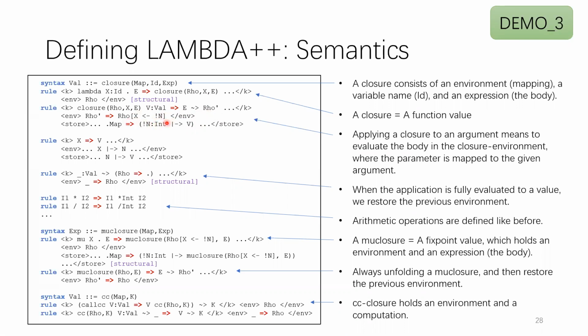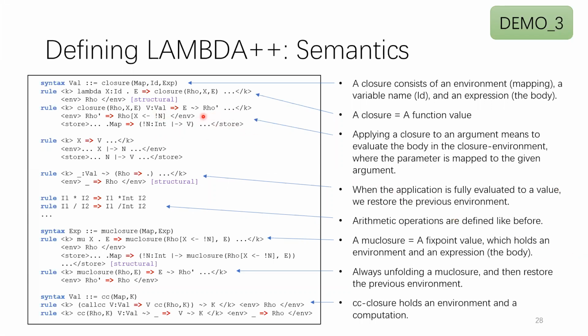We'll give the parameter x a new fresh location in the environment cell, and in the store cell, we'll bind that new location to the value v. And in that new environment, we evaluate the body of the closure, right? And once the evaluation finishes, we need to restore the environment rho prime, which we discuss shortly.